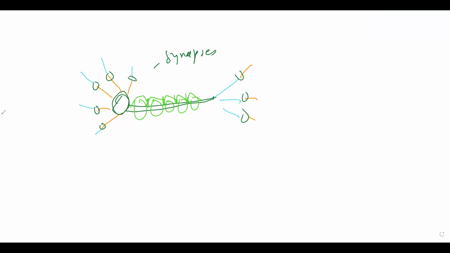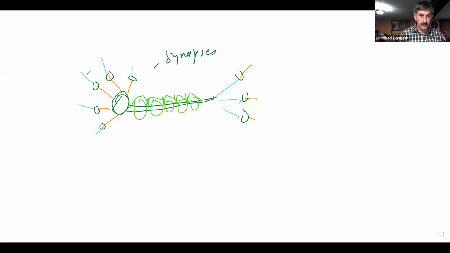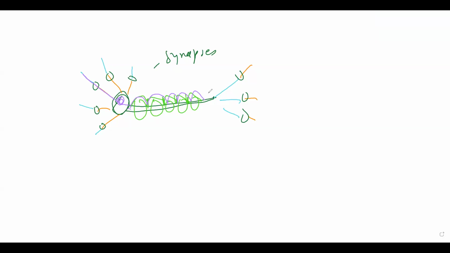From a neuron to a neuron, it flows through the synapse, from synapse to cell body, from cell body it's going to end up down here, and then it goes to the terminal branches.